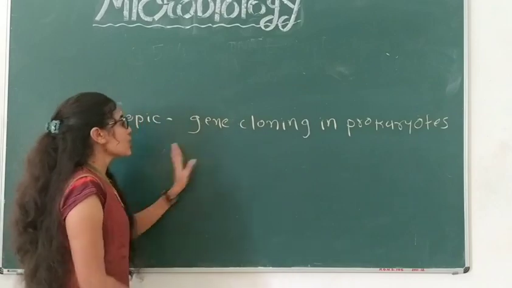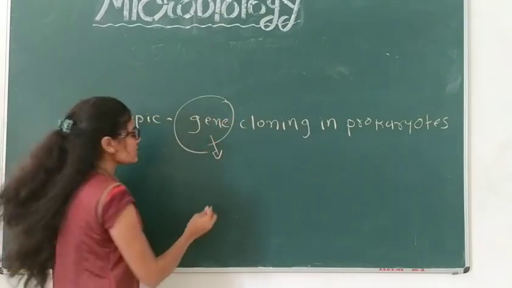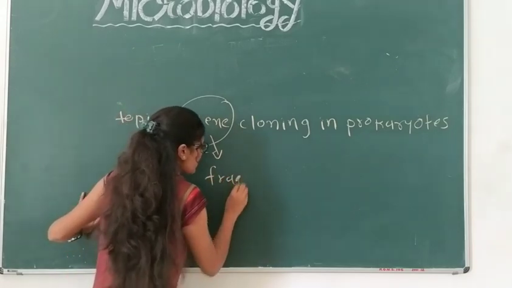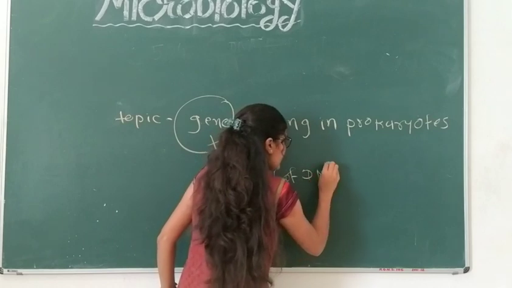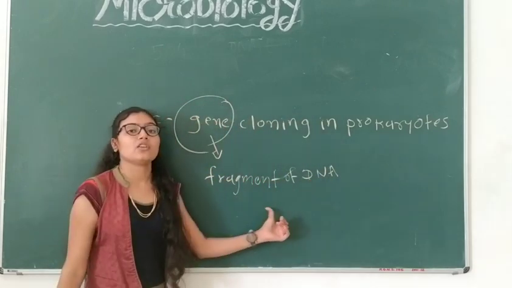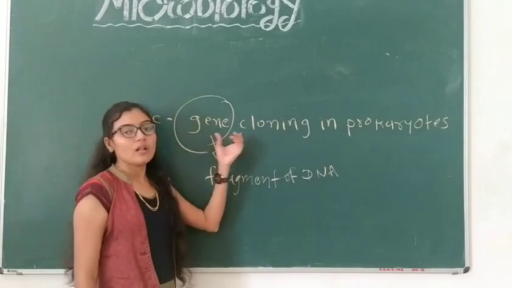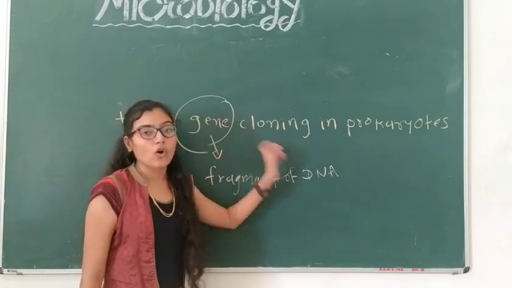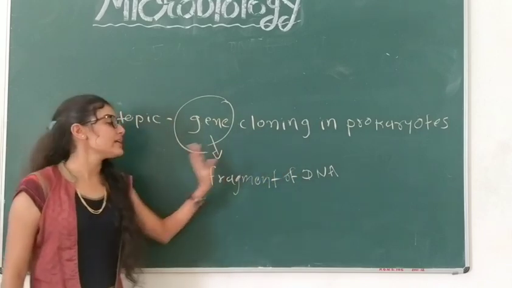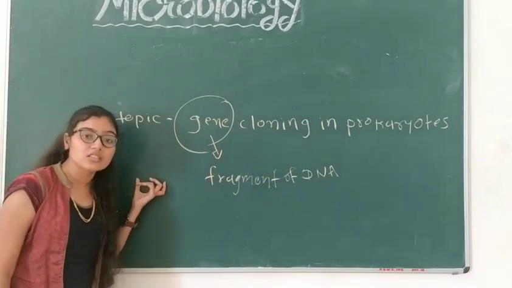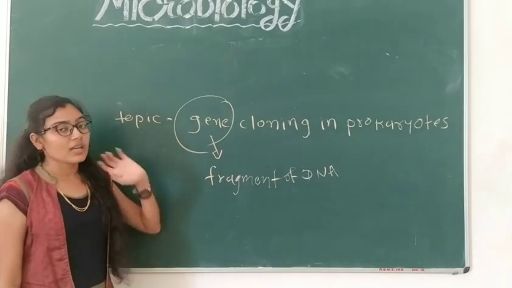Okay. Now what is a gene? First question, what is a gene? Gene means a fragment of DNA. It is also called a small chain of nucleotides, also known as a fragment of DNA. That is the gene. Now, second, what is cloning? Cloning is a process in which we produce a number of copies of our desired gene, our gene of interest, by using genetic engineering.